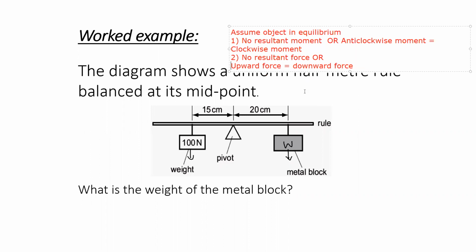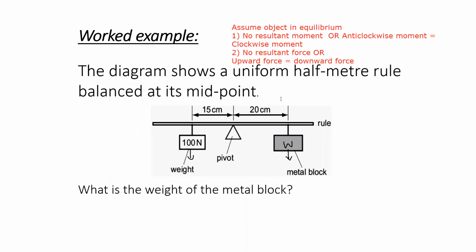So now in this question, we need the weight of this metal block. Whenever a question is related to a moment, your assumption is that it is in equilibrium. When it is in equilibrium, the anti-clockwise moment is equal to clockwise moment.